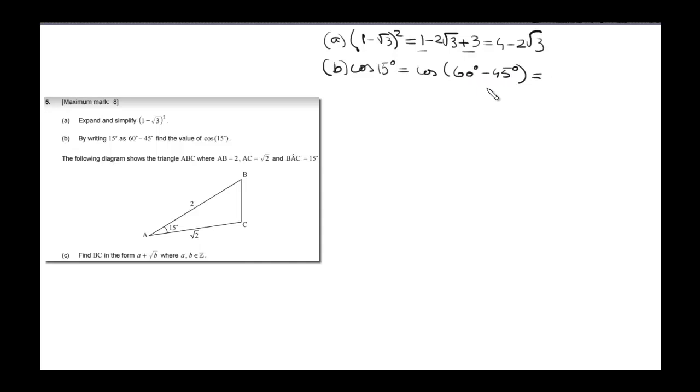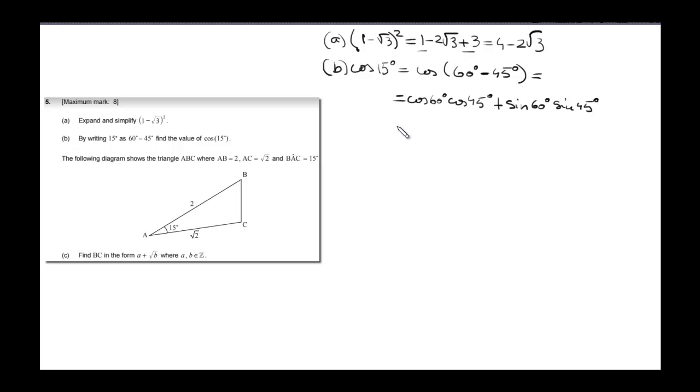According to the formula, cos(60 - 45) is cos 60 degrees times cos 45 degrees. In sine, minus would stay minus, and for the cos formula, minus becomes plus: sine 60 degrees times sine 45 degrees.